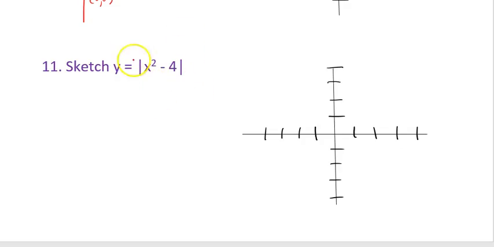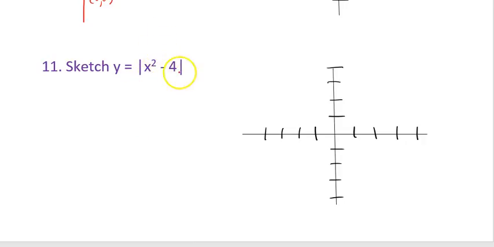Okay, this is how that absolute value function works when it's on the outside. So we're not doing the V shape. The x squared tells me that it was like kind of a parabola shape, and then the absolute value is turning it positive. Because it's that absolute value on the outside, that's where we flip anything that was negative up.